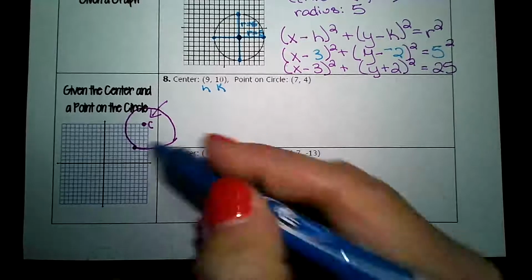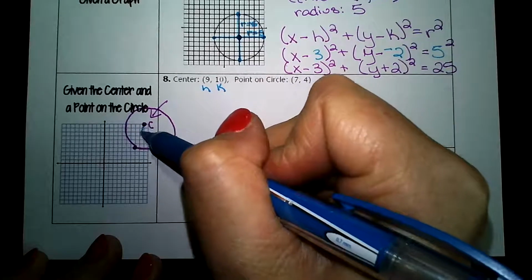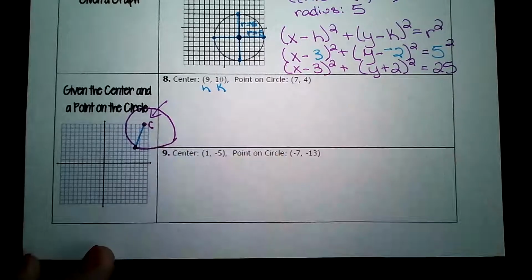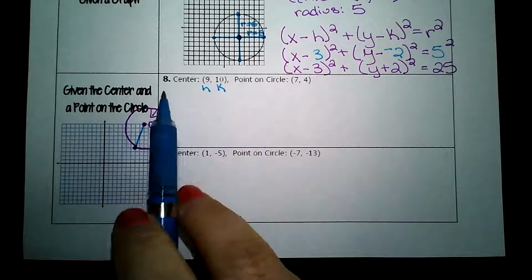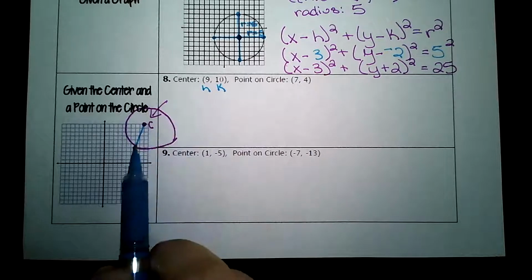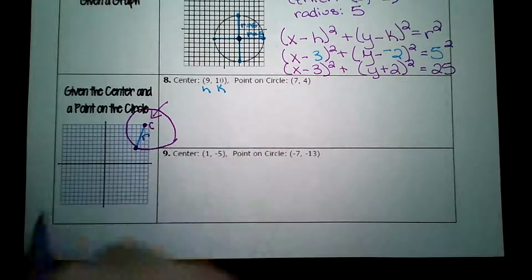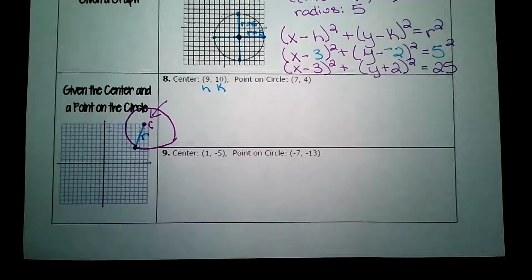So really what they've given me here is the radius. The distance between the center and the random point on the circle is the radius. Now, you heard the right word. I said distance. So I'm just going to use my distance formula and make it very simple.